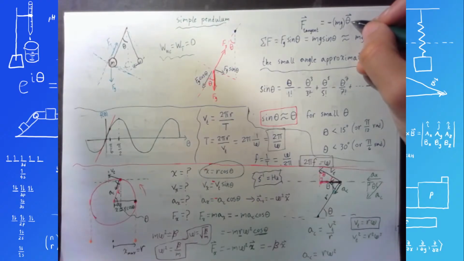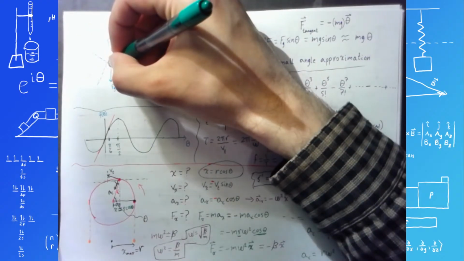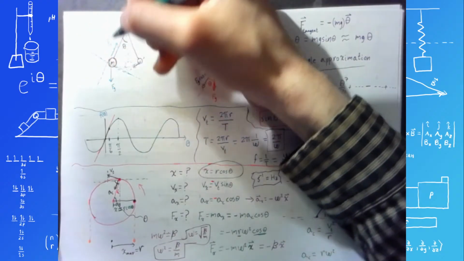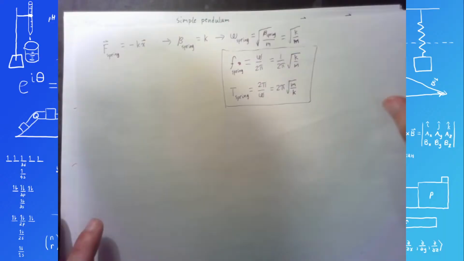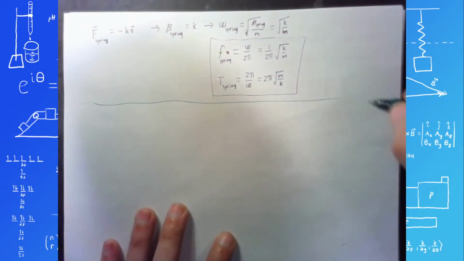So, the length of the string is going to be baked into this theta. I can redefine theta in terms of arc length. Yeah, that's going to be it, isn't it? Okay.